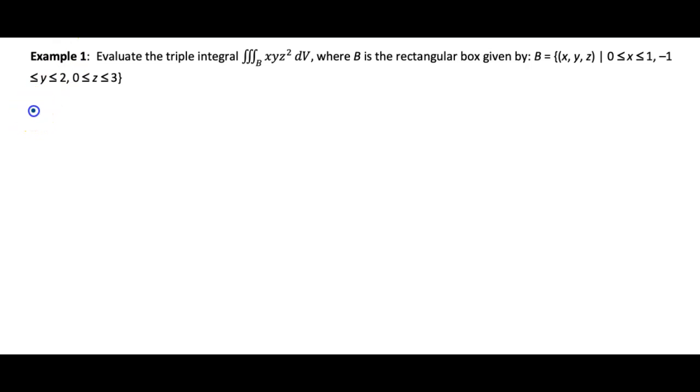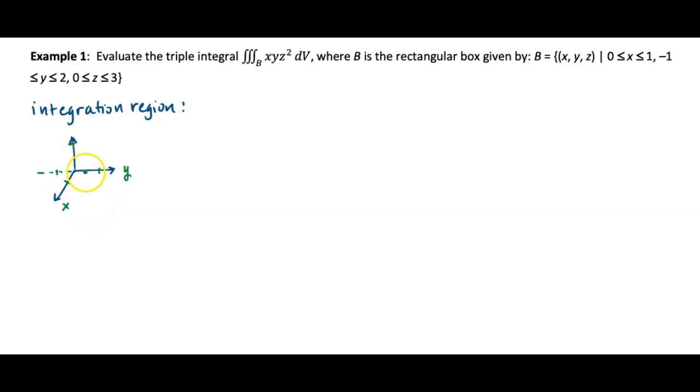If I were to sketch that integration region, that would be in 3 dimensions. x would go from 0 to 1, y is going to go from -1 to 2, and z is going to go from 0 to 3.